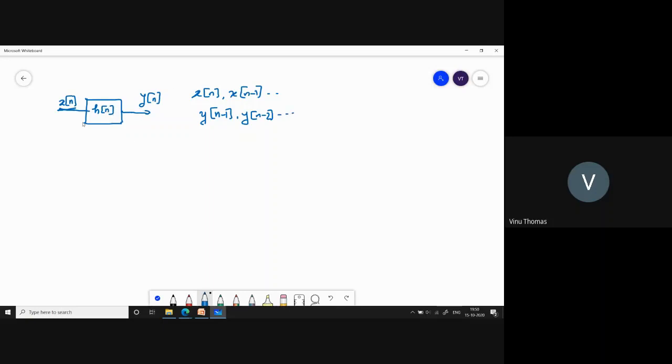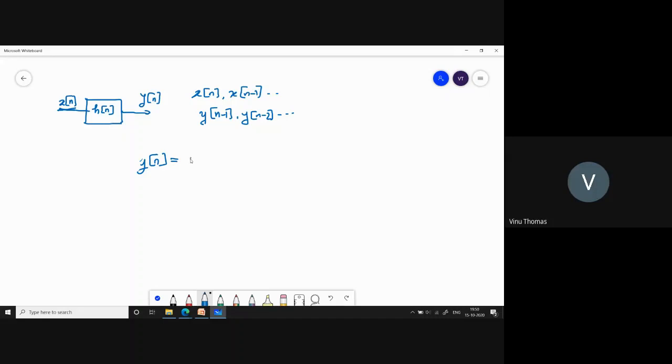So let me write an example. I can write y of n is equal to a function of x of n.